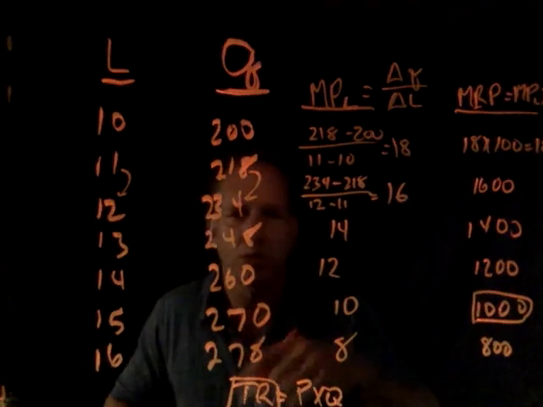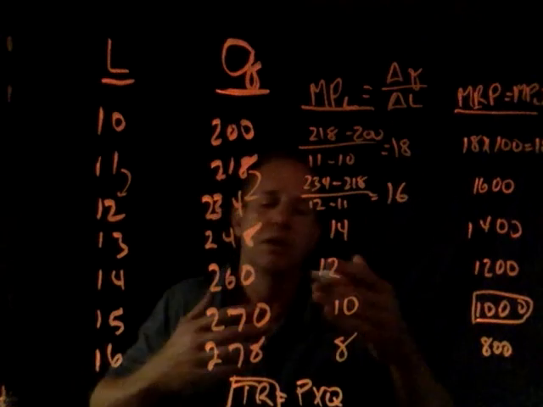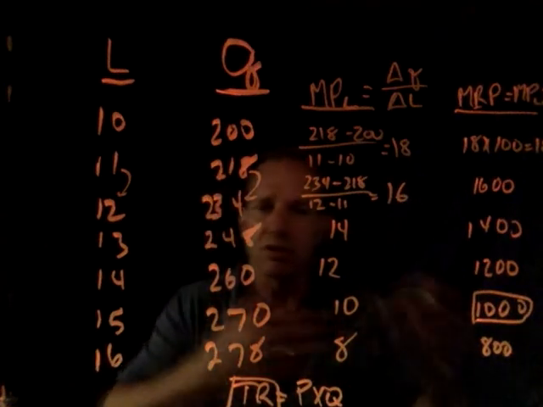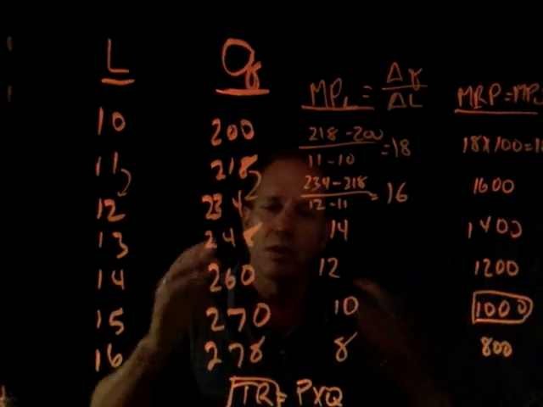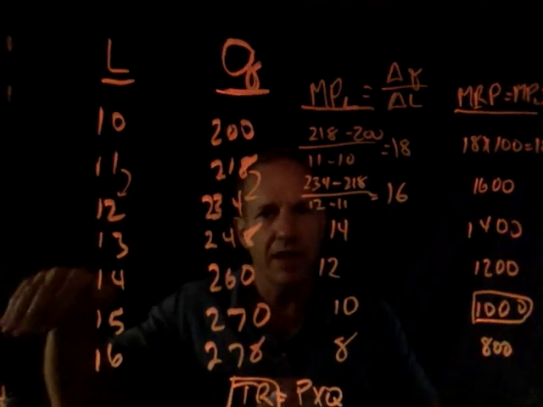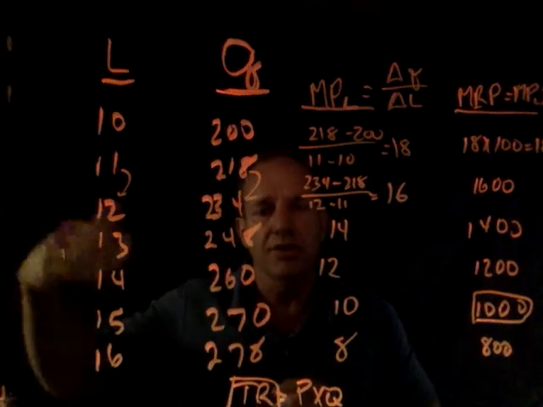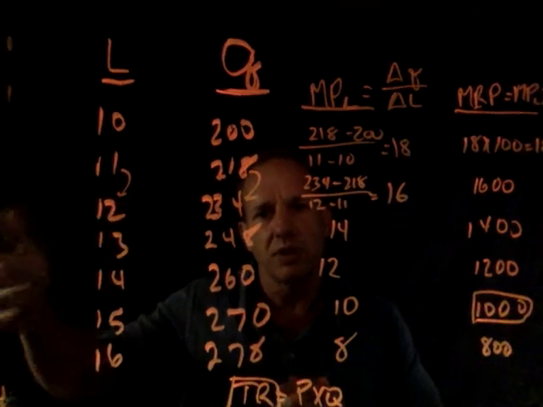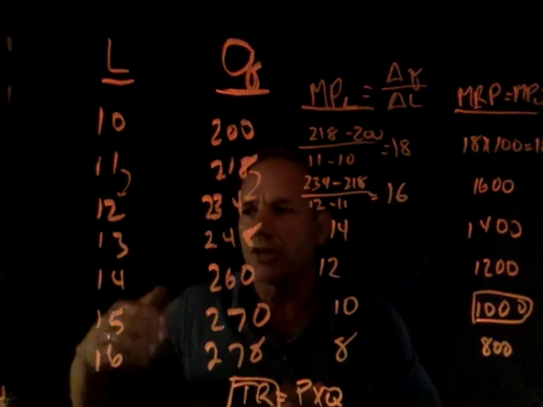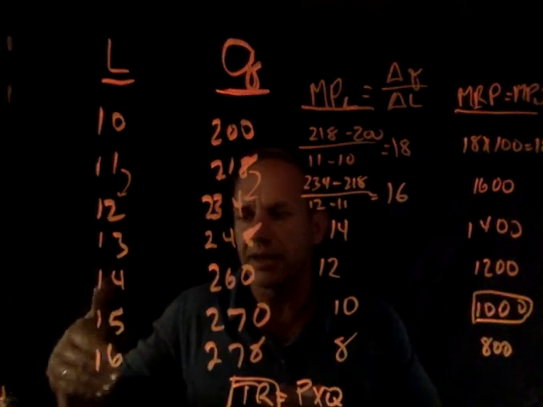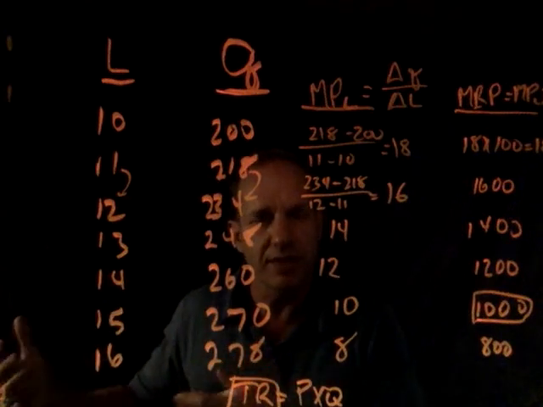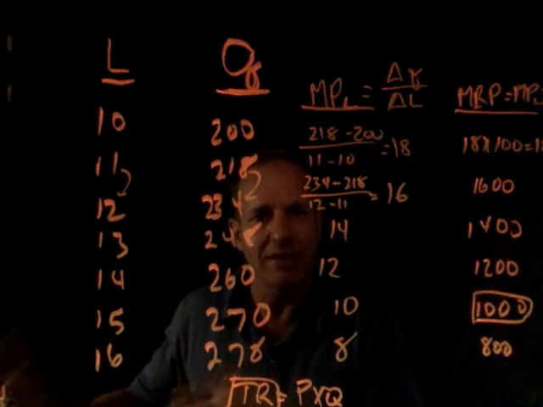The 12th worker costs $1,200. The 13th worker costs $1,200. The wage rate is $1,200. So each time they add a laborer, their change in total costs is $1,200. So there's a marginal cost of labor, and that is the wage rate that they're paying.